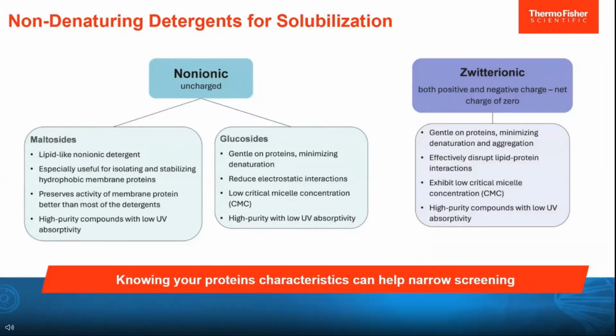But on the other hand, zwitterionic detergents like CHAPS offer a balance between solubilization efficiency and maintaining that protein stability due to their neutral charge, which can reduce protein aggregation and improve solubility. The specific requirements of the protein, including its sensitivity to denaturation and the intended downstream application, will ultimately guide your choice for detergent.